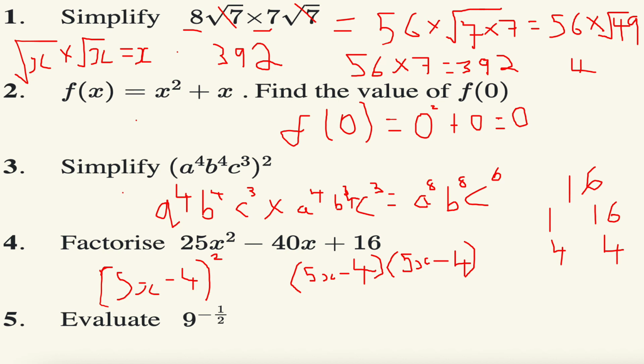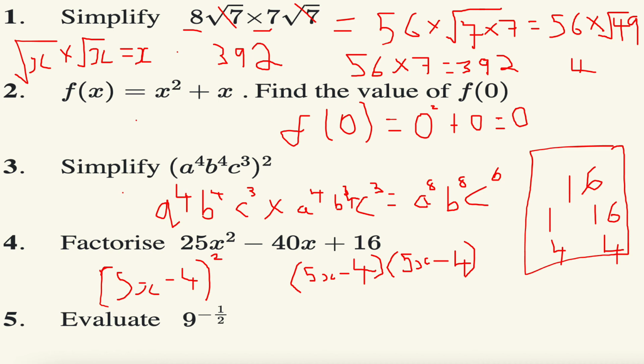There is an official method of doing it, but I don't want to confuse you guys. The reason why I put another set of brackets was because I thought it was going to be 25x and x. But then I realised that it was 5x and 5x, that I could have got minus 40 by doing minus 20 twice.